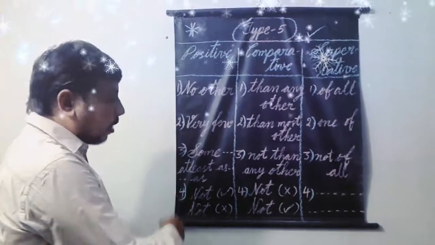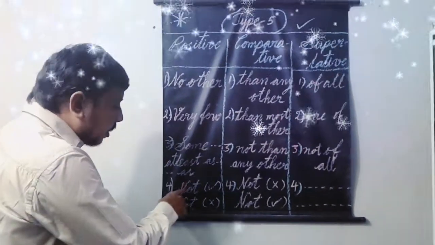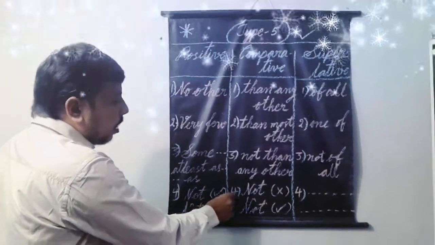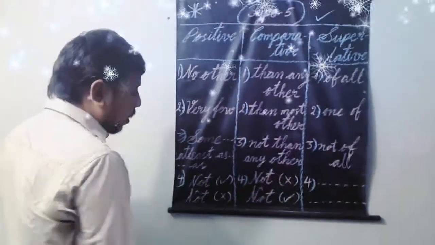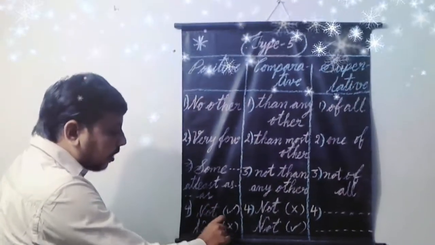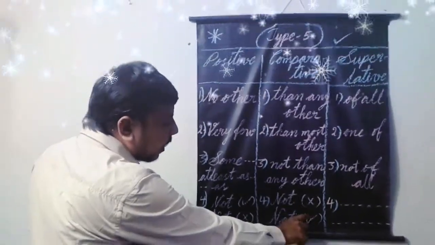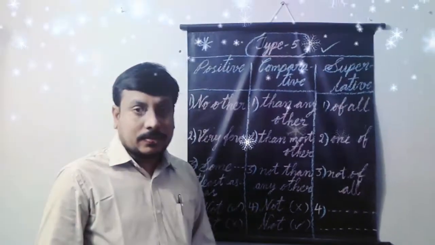Regarding the 4th model, we need to observe very clearly. If you find not in the positive degree regarding type 4 degrees of comparison, not should not be used in the comparative degree. If you don't find not in the positive degree, not should be used in the comparative degree regarding type 4 degrees of comparison.